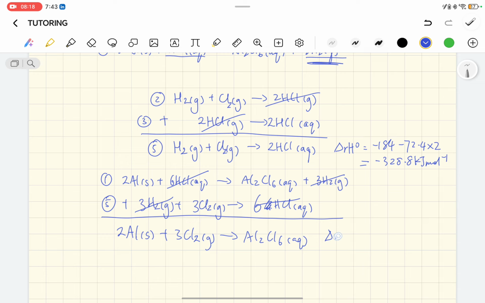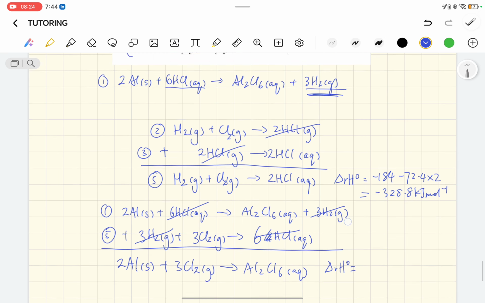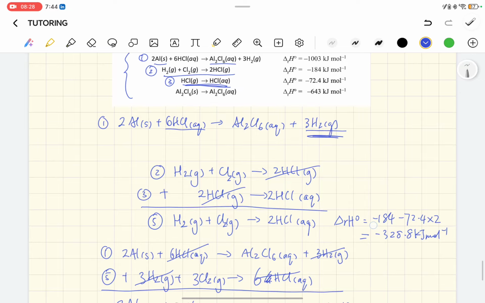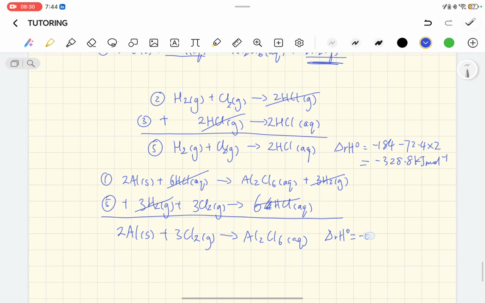And the reaction enthalpy change for this one is, let's see, our first reaction has enthalpy change of -1003, and our reaction 5 has enthalpy of -328.8.